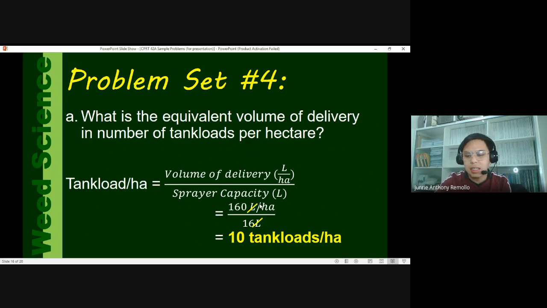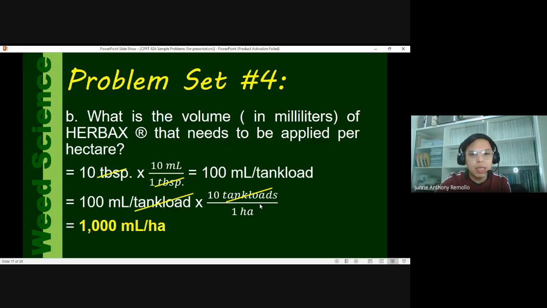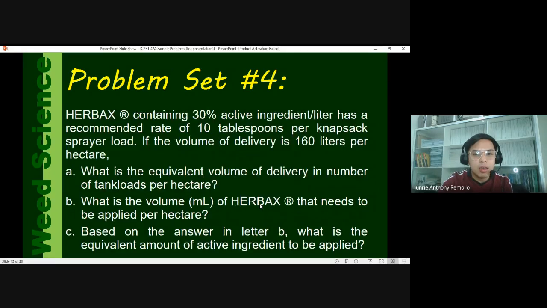And then, what would be the volume in milliliters of HERBAX that needs to be applied per hectare? So using the given values in the problem, it will be useful in computing for item letter B. It was stated that the HERBAX containing 30% active ingredients per liter has a recommended rate of 10 tablespoons per knapsack sprayer load.